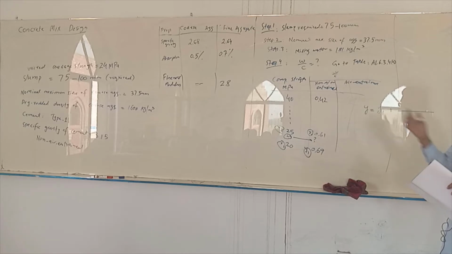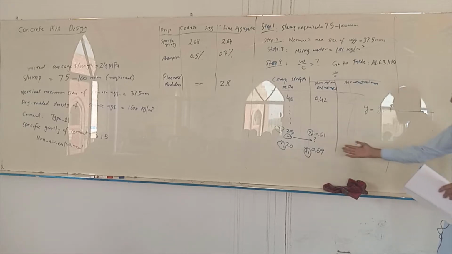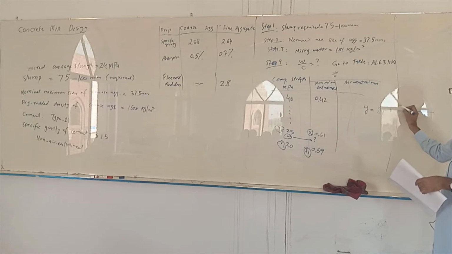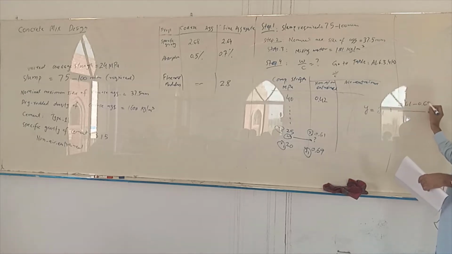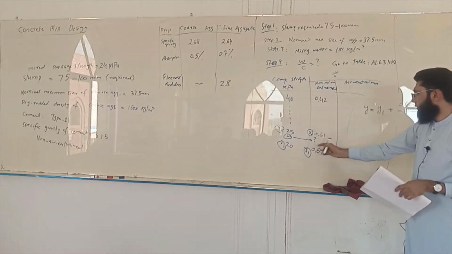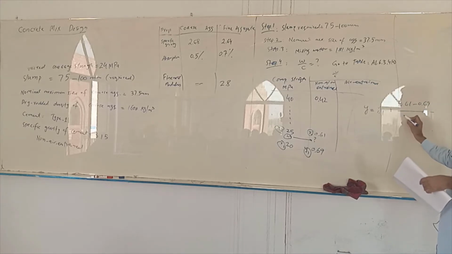So what is the slope? Y2 minus Y1 over X2 minus X1. So it is 0.61 minus 0.69 over 25 minus 20.